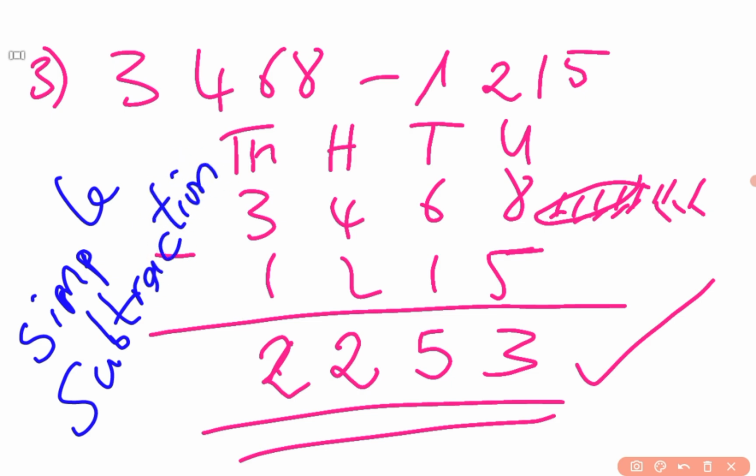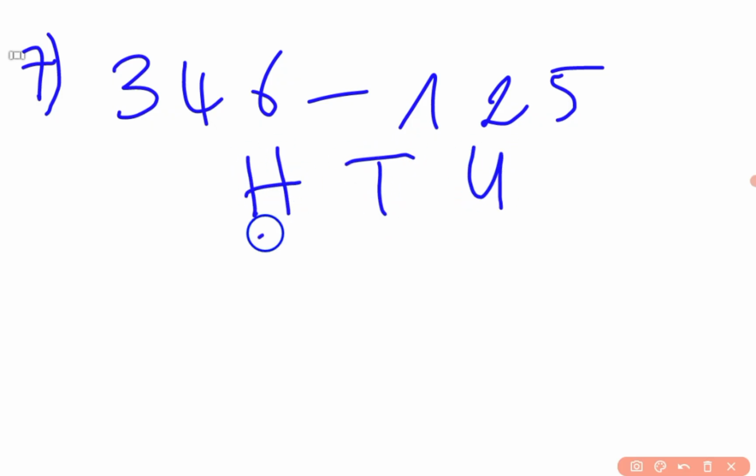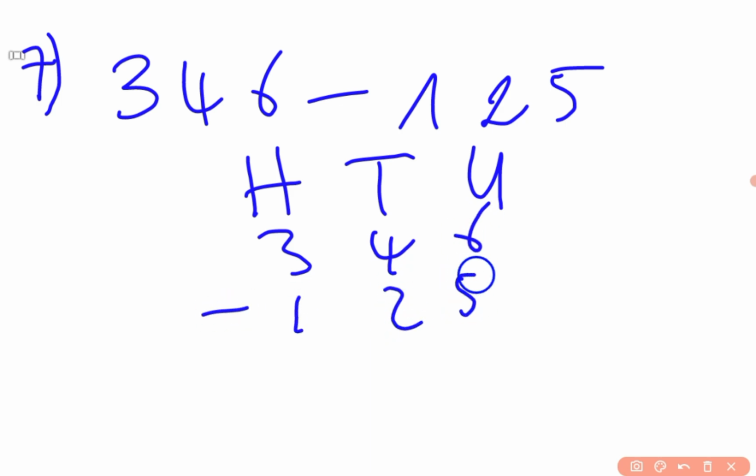I'll take another example of that form. That will be example 7, something like that. All right, so now let me take a number like 346 take away 125. Now you're going to place them at place value of hundred, tens, and unit. 3, 4, 6 take away 1, 2, 5.